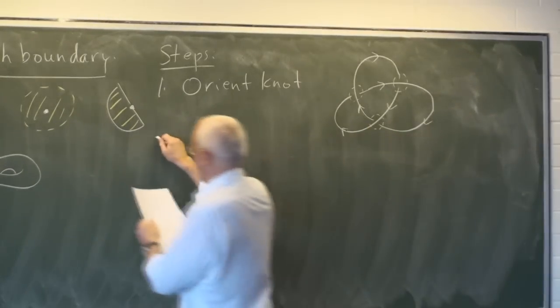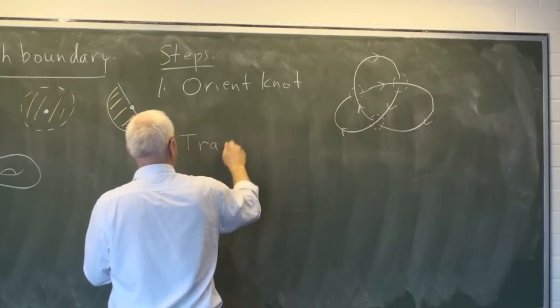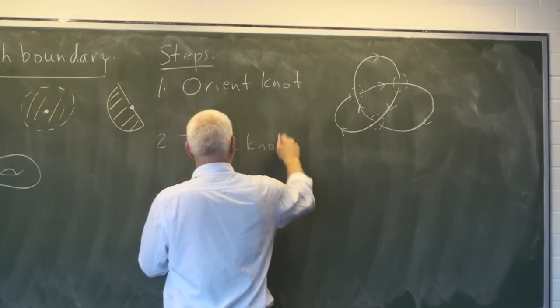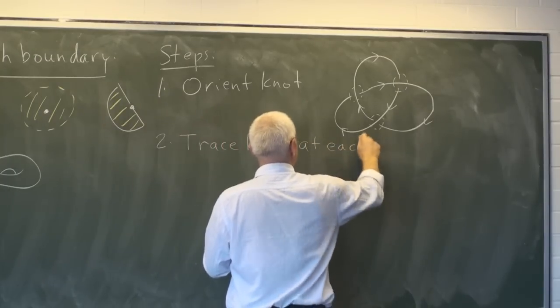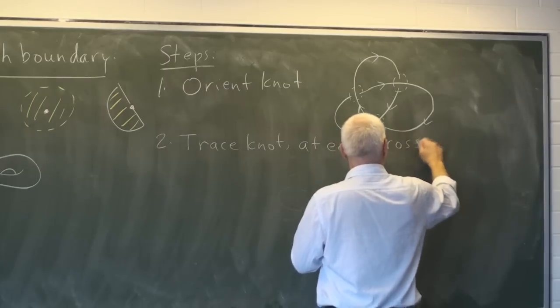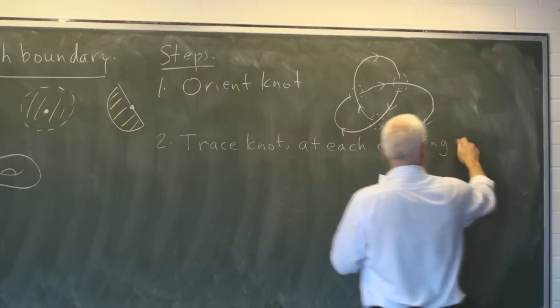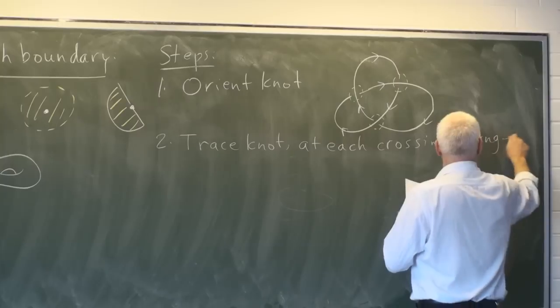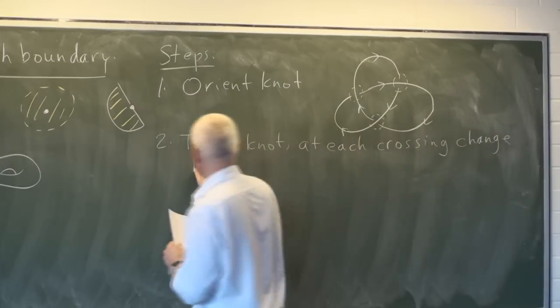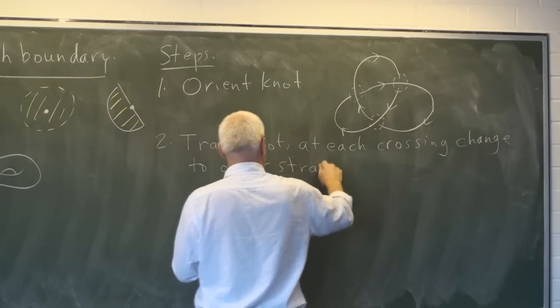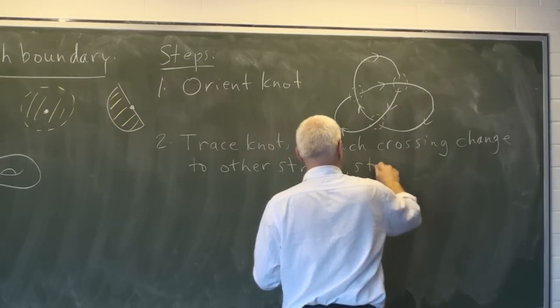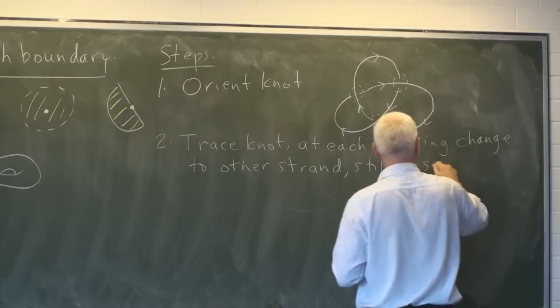The second step is that we're going to trace the knot, and at each crossing change to the other strand, still in the same direction.